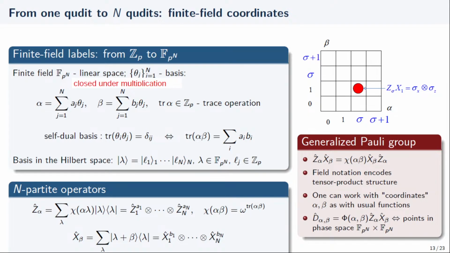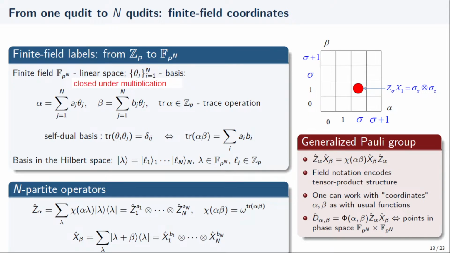So the question is how we can label the state of an n-particle system, where each particle still has d energy levels. We can label it with strings, binary strings for instance, or something a bit more complicated. But this is a complication because we cannot multiply strings. We can add them, but not multiply. So the appropriate language is the language of finite fields.